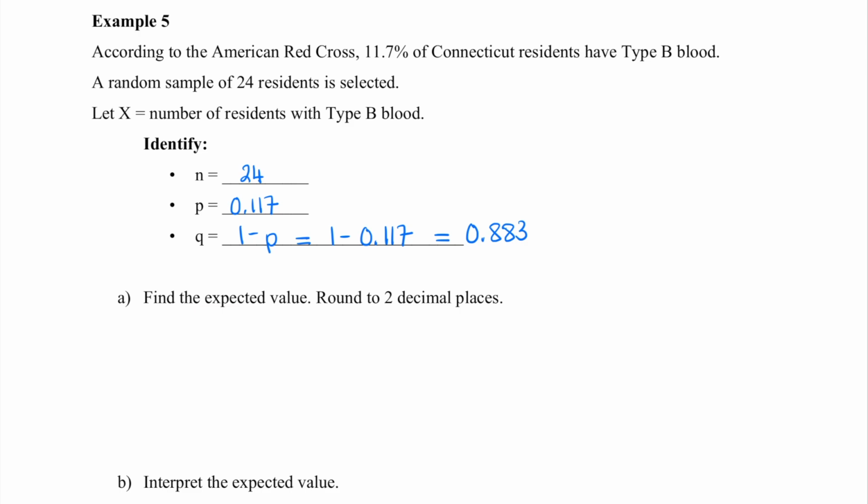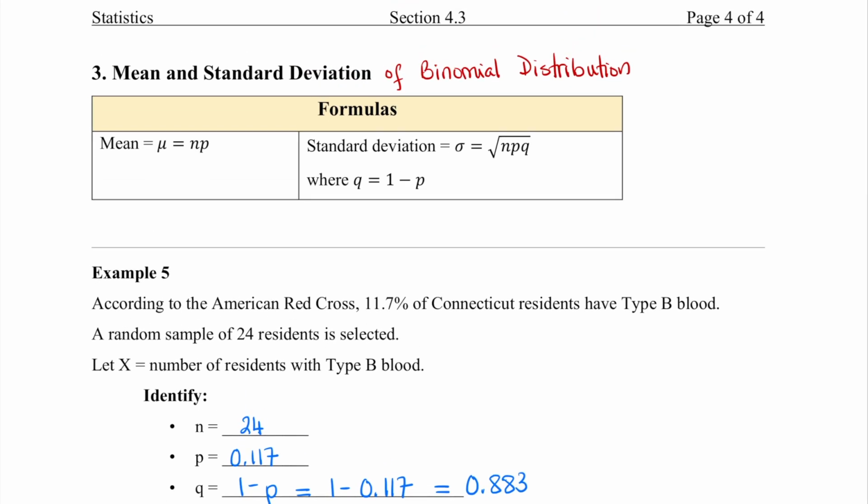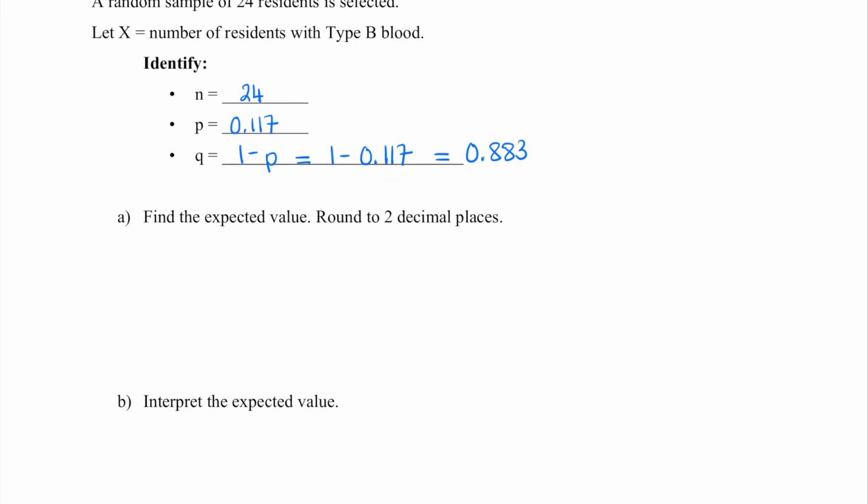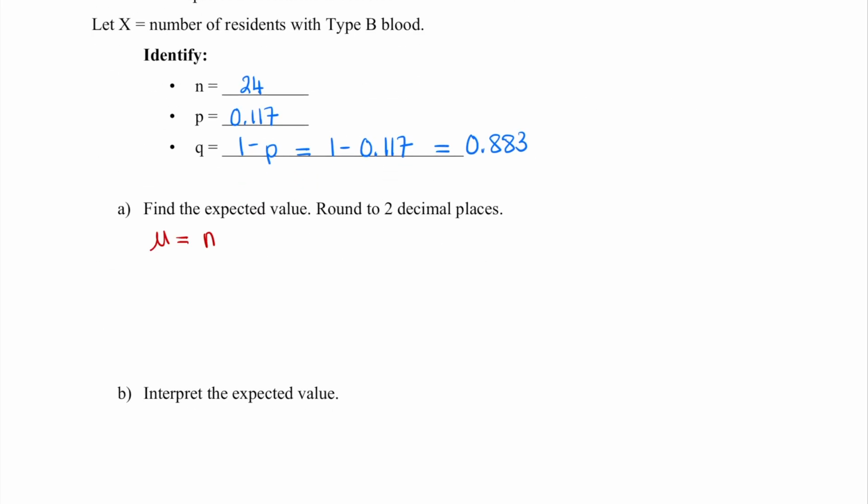Now, let's find the expected value. We are going to use this formula, mu equals n times p. n is 24 and p is 0.117. So we'll take 24 times 0.117.